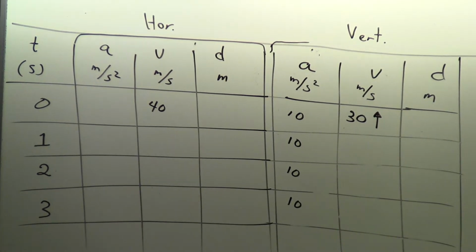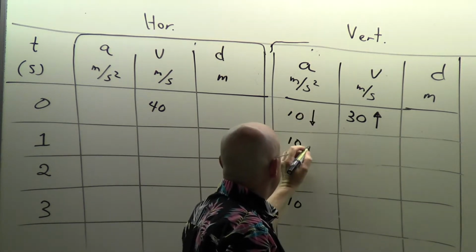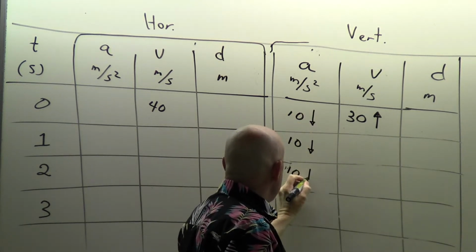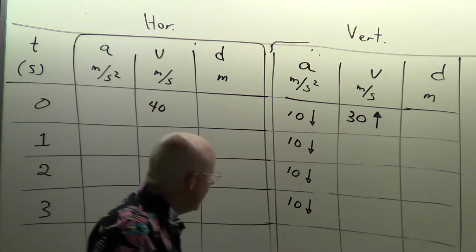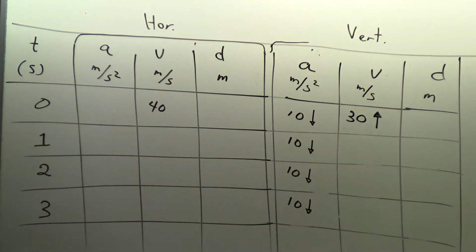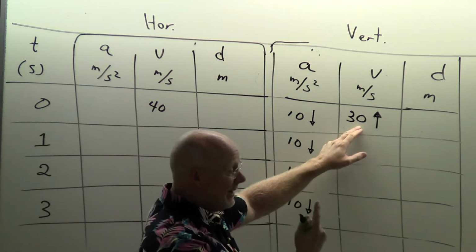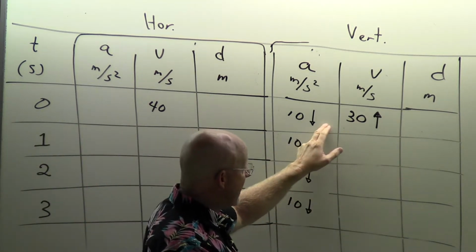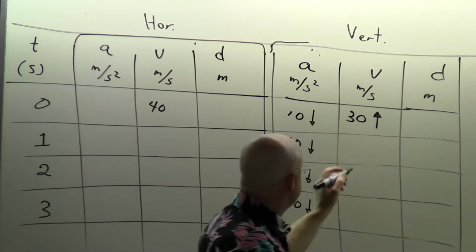Now, since it is going up and then down, it's probably good to also emphasize that the vertical acceleration is not only 10, but it's 10 in the downward direction. What that would mean vertically is it's starting off going up and has an acceleration of down, so when it changes by 10, it's a slowing down of 10.